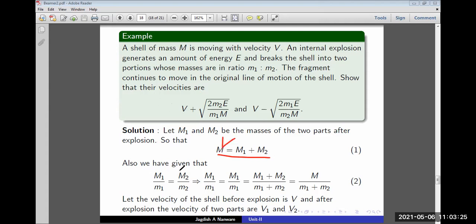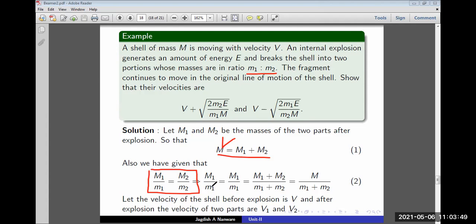And also we are given that these masses are in the ratio M1 is to M2, so that M1 upon M2 is equal to m1 upon m2, the proportion in the ratio m1 is to m2.